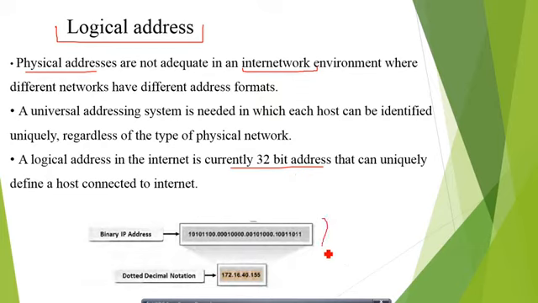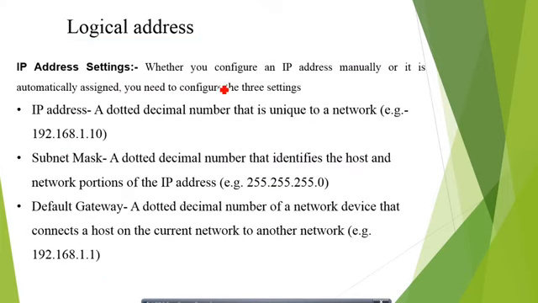Logical address is a 32-bit address in case of IP version 4. There are two types of representation of this logical address. One is the binary representation, the other is the dotted decimal representation. You can see over here, this is the 32-bit address in binary, and this is in dotted decimal notation.